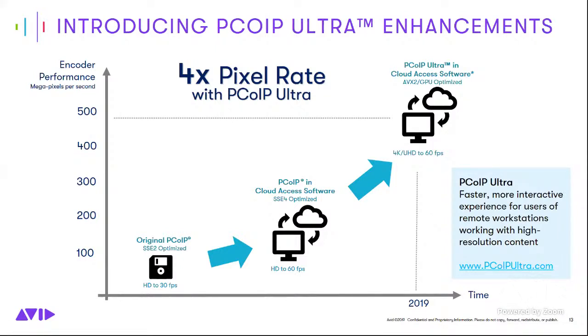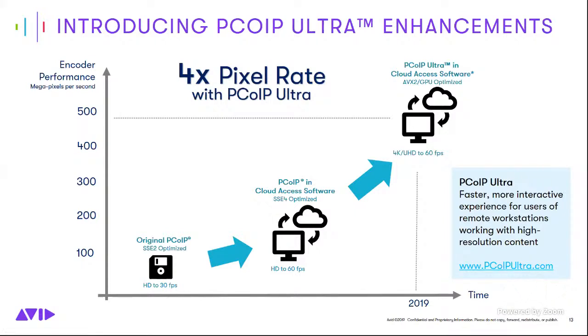This is the top right-hand icon there, which sets us for 4K workloads and up to 60 frames per second. Currently, full screen 4K at 30 frames per second is what's supported, and we're working hard to get beyond that today. And we've incorporated 2 advanced codecs to give you that performance.